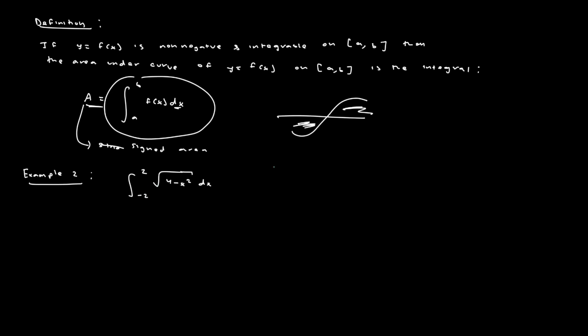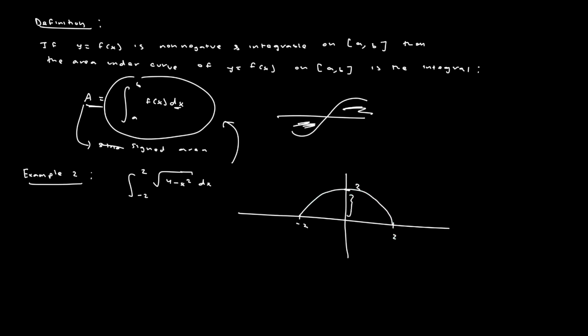Well, let's go to the basic definition of the integral being the area under the curve, and let's see if this curve has some special properties. We know that the square root of 4 minus x squared on that interval, which is the only interval where it's even defined, looks like a semicircle, right? And it is a semicircle with radius 2.